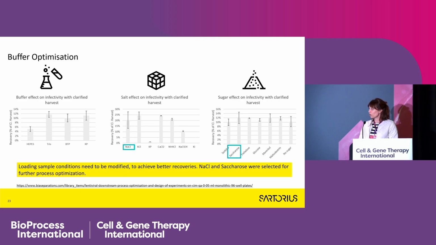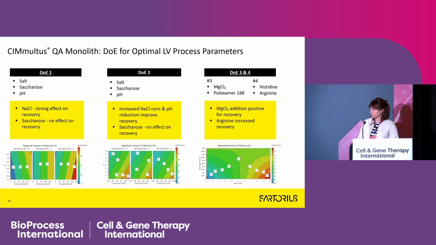From this study, we also saw that loading sample conditions were really important and that we need to modify them to achieve better recoveries. Sodium chloride and saccharose were selected for further optimization. So we did a series of DOE studies to focus on all the mentioned parameters. In the first DOE study, we focused on salt concentration, saccharose concentration, and also pH.